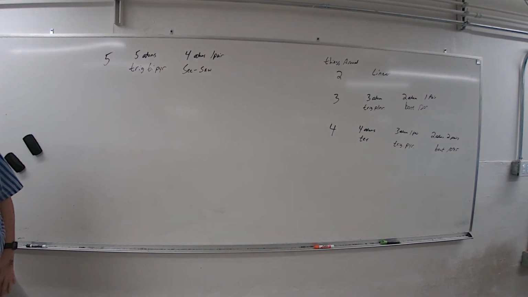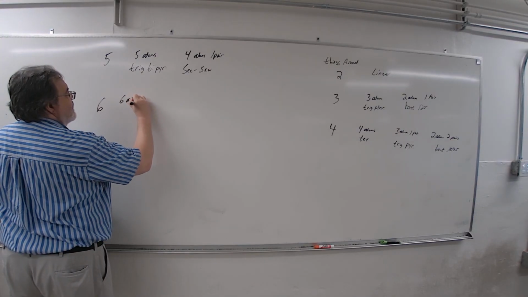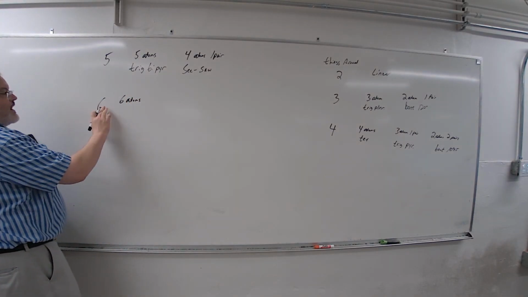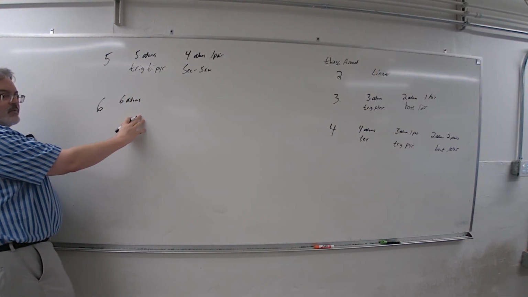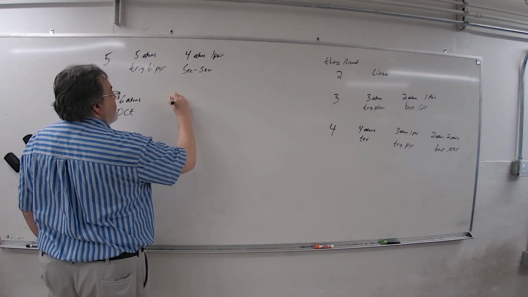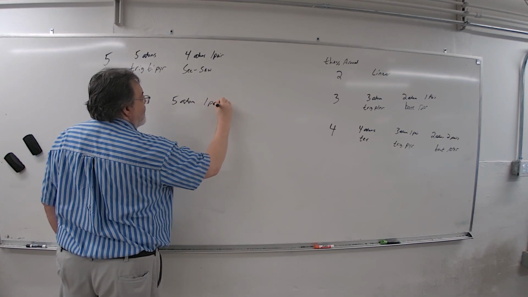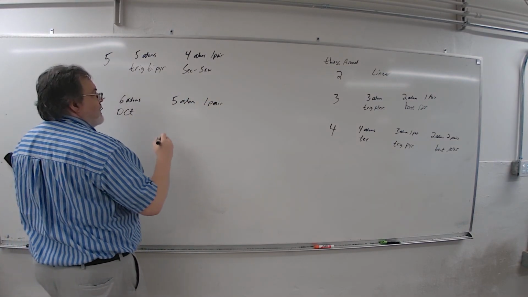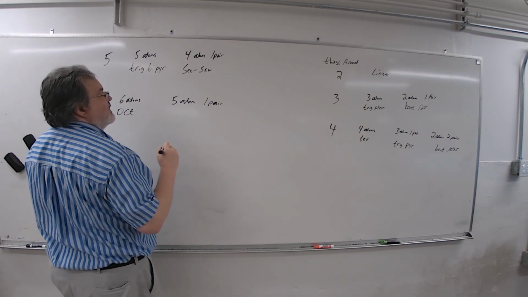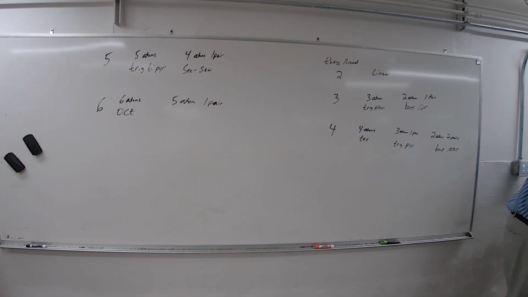If you have 6, all of them are atoms, what is it? Octahedral. What if you have 5 atoms? Square pyramid. And then square planar.